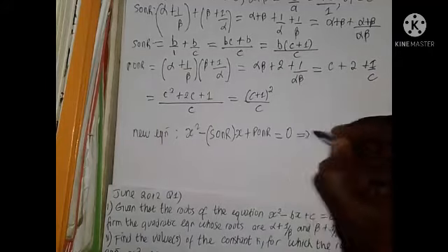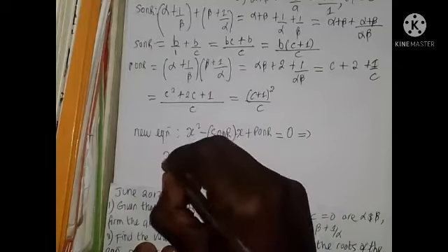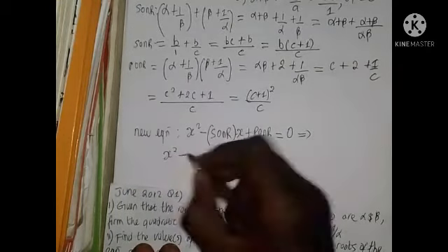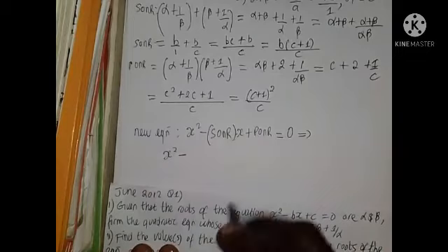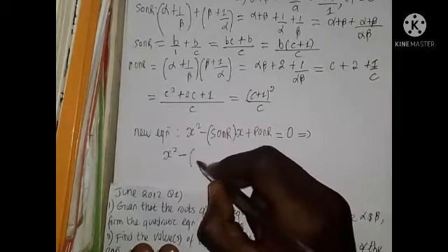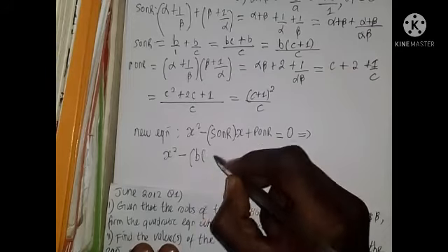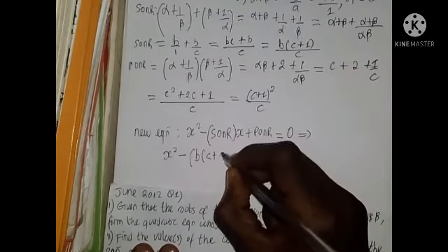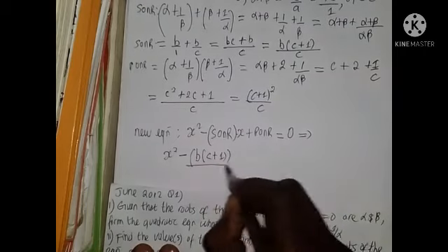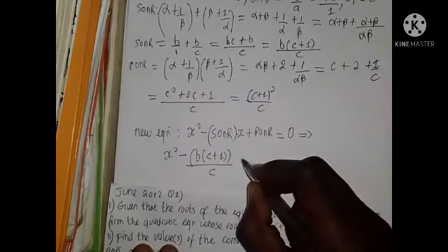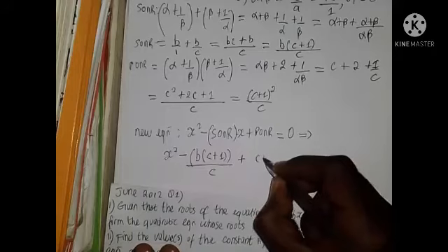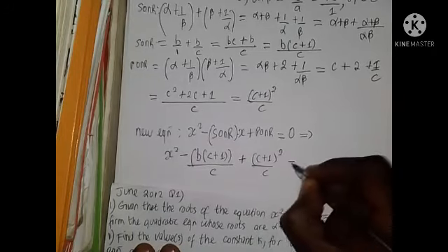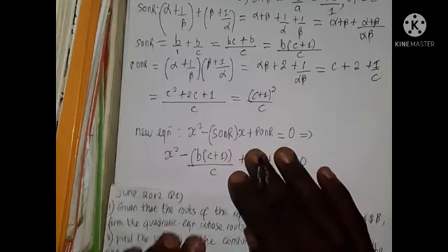So this implies that we're going to have x squared minus this value which we got up here, b into c plus 1 divided by c, multiplied by x, plus c plus 1 all squared divided by c is equal to 0.